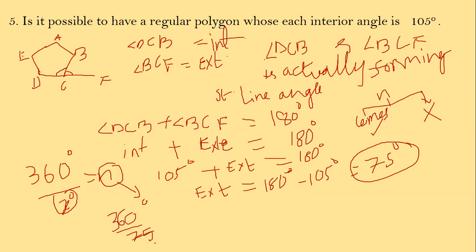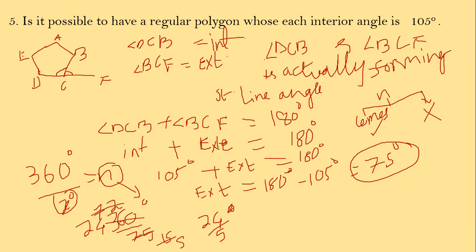So 5 ones are 5, 5 5s are 25. Again, 5 7s are 35, 5 2s are 10. Again, 3 5s are 15, 3 2s are 6, 3 4s are 12. So 24 by 5 degrees.